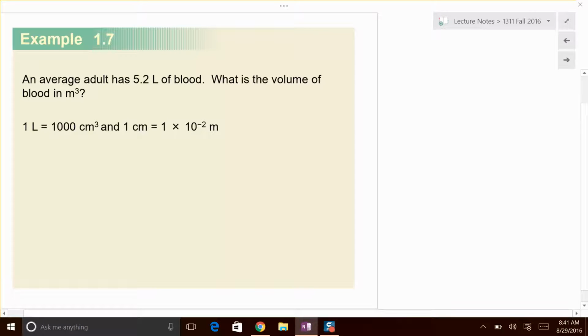Okay, an average adult has 5.2 liters of blood. What is the volume of blood in meters cubed? 1 liter equals 1,000 centimeters cubed, and 1 centimeter equals 1 times 10 to the negative 2 meters.